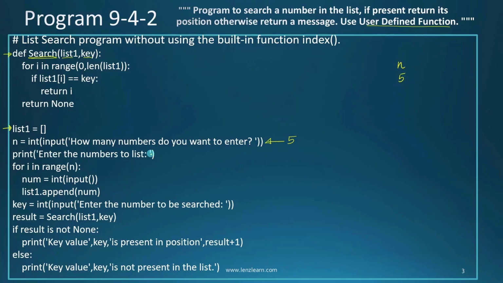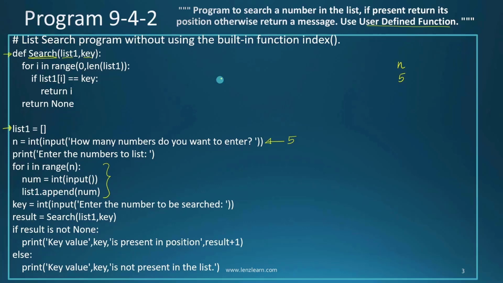Now after that, print the number of list. So again, we have the for loop here, which will input 5 elements into the blank list1. As I have explained the working of this for loop in the previous program, I'm not going to discuss it now. So just understand this for loop will work n times, so that is 5 times, and each time it will get a value from the keyboard and append it to the existing list.